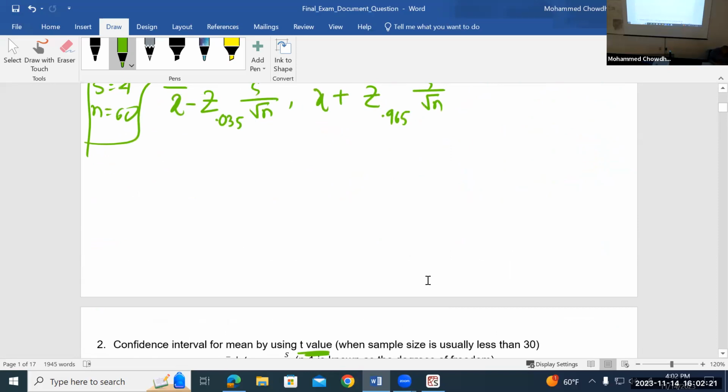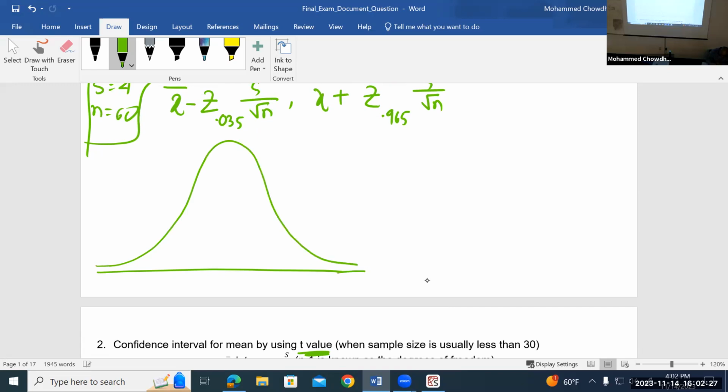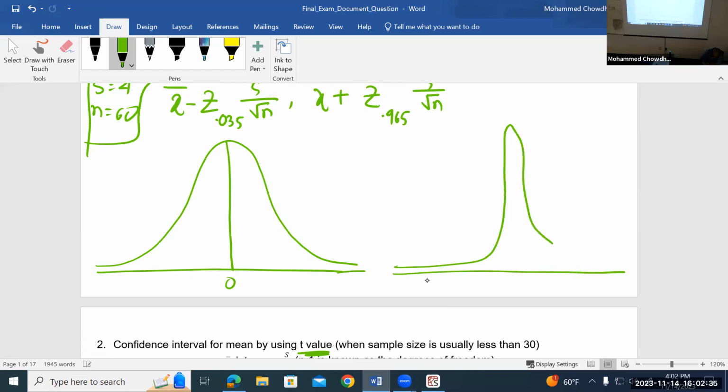Z distribution looks like this, and here is the mean, which is equal to 0. T distribution looks like this. It has a mean in here, 0. So the difference between Z and T is that T has a smaller variance.